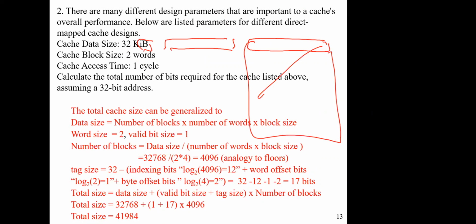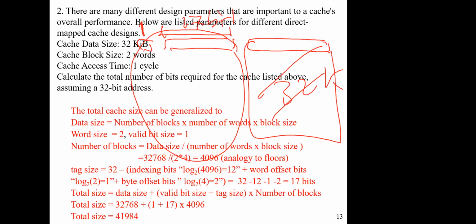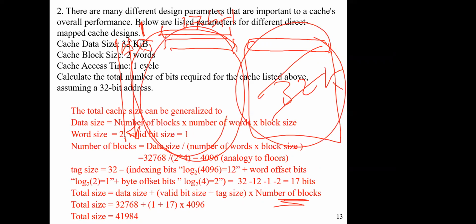I know this size is 32K. But I need to know this. In order to know this, I need to know that this is 17 bits, and that this is 1 bit, and then I will multiply it by the number of floors, correct? So it will be 17 plus 1, 18, multiplied by the number of blocks, which is the number of floors, which is 4,096 blocks, correct? So now I know this plus this. This is the total bits inside my cache.